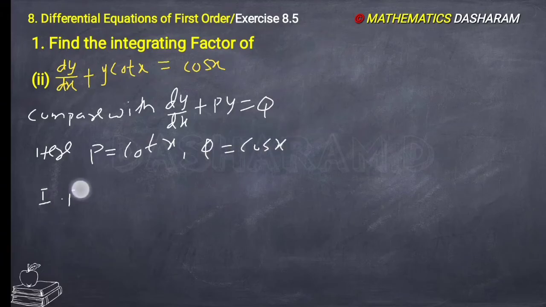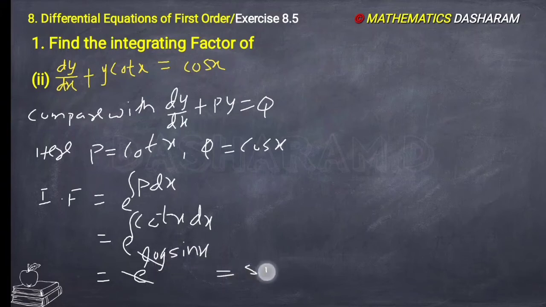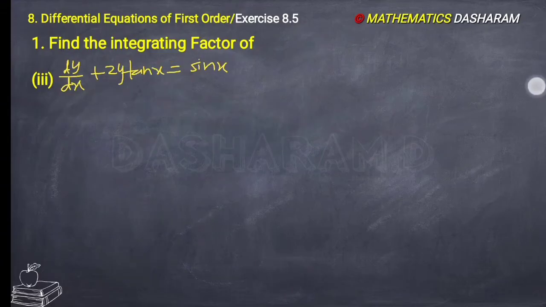Now the integrating factor equals e to the power of integration P dx, so e to the power of integration cot x dx. The integration of cot x is log sin x, and here both cancel, so sin x is the integrating factor of the given question.